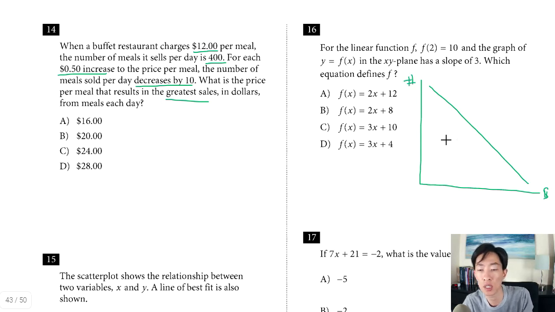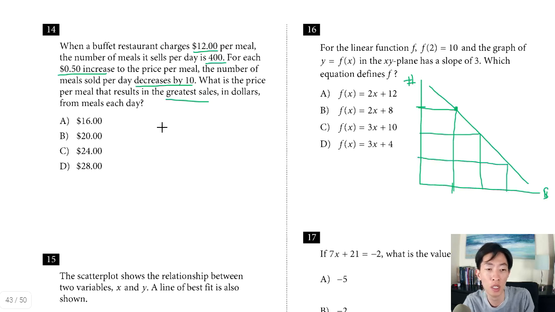And basically the number of sales at any given point, let's say right here, this is the number sold and this is the price. The total sales is going to be multiplying the price by the numbers. So visually what you're looking at is you want to find the point on this graph where the area of the rectangle is going to be the greatest. And that's actually not very easy to do.